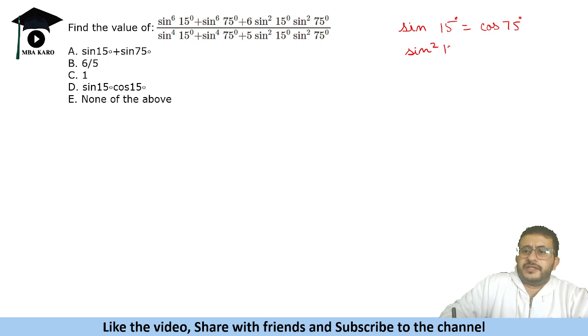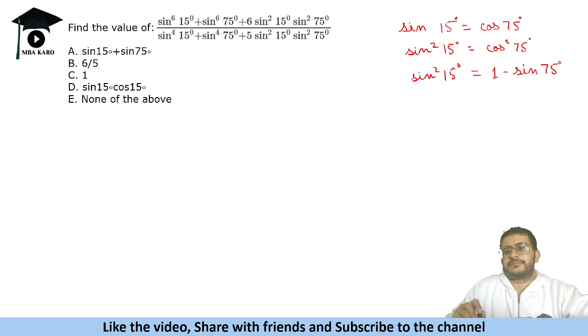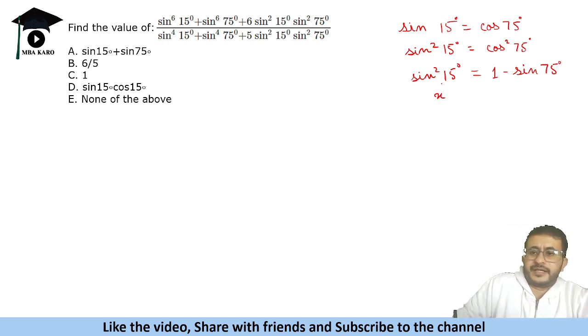sine square 15 will be equal to cos square 75. Okay. Now, cos square 75 is basic knowledge of trigonometric identities. Okay, so we get this. So let us put sine square 15 as x square.